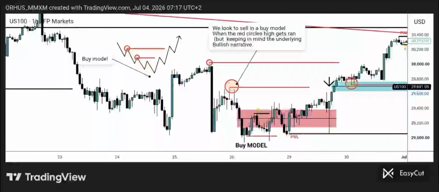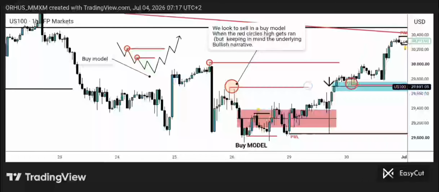See, from the previous example which I did, I said we look to sell in the case of a buy model, we look to sell in a buy model when the red cycle high gets run, but keeping in mind the underlying bullish narrative. Because we have seen that price is going to run higher, we could still sell if you have the skill set.